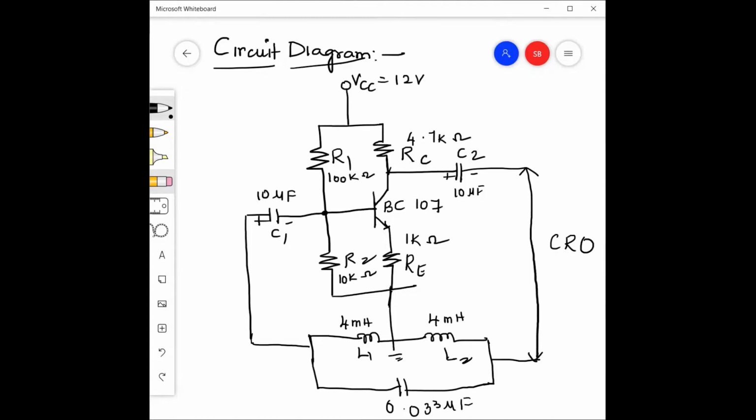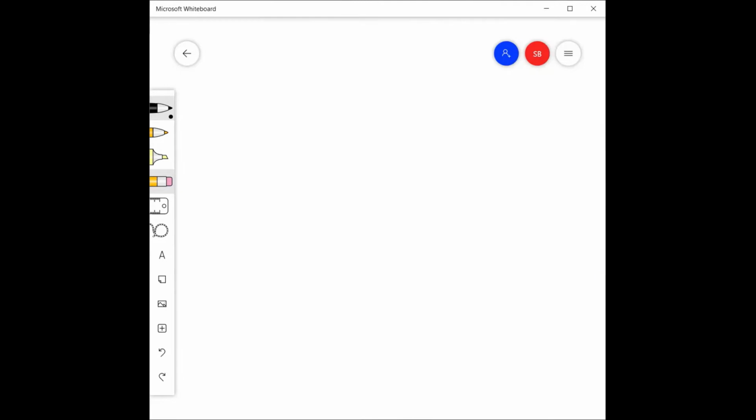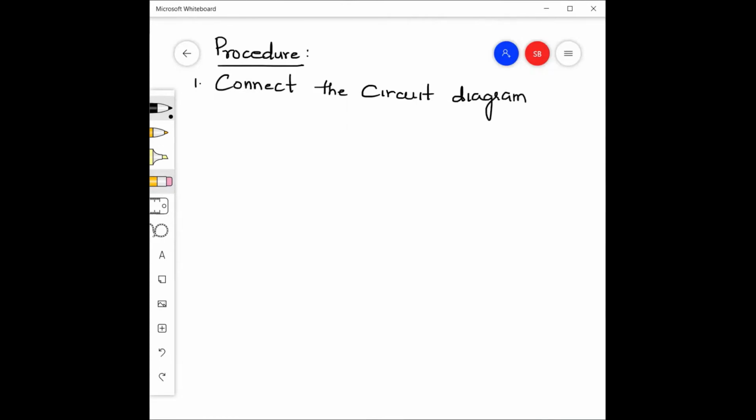After the circuit diagram, we have to write the procedure. Procedure: connect the circuit as shown in the figure.